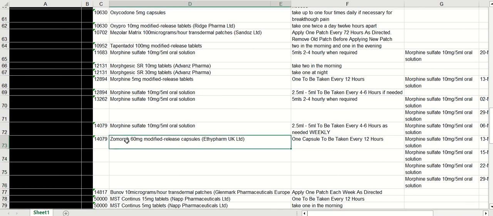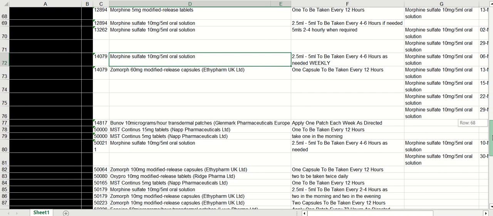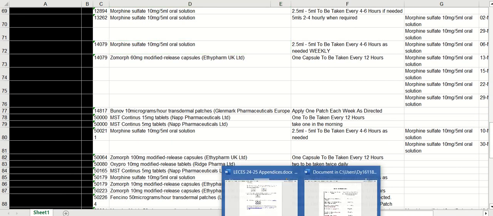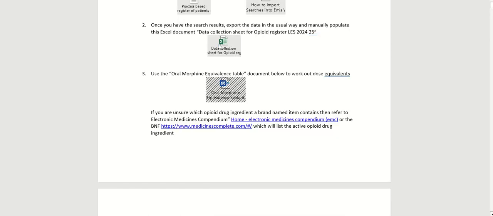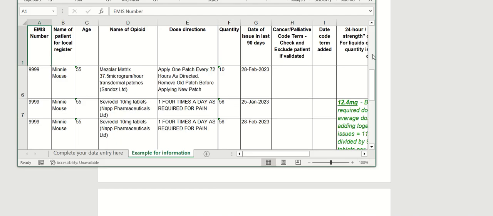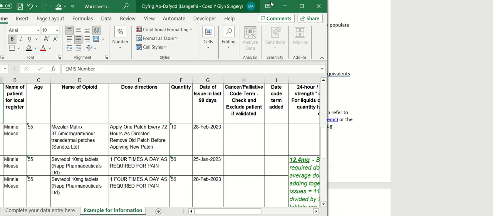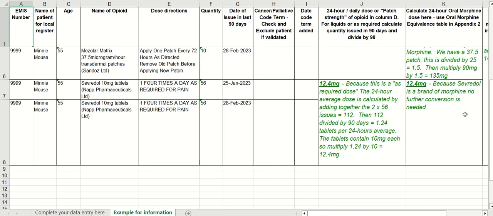So their total is 120 plus 33, which would be 153. And this guide here talks a little bit about how to work out, they show it in their data collection sheet, how to work out daily equivalences.